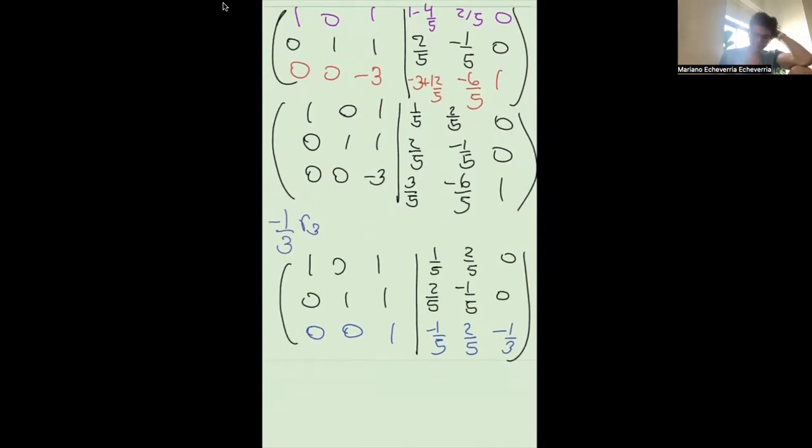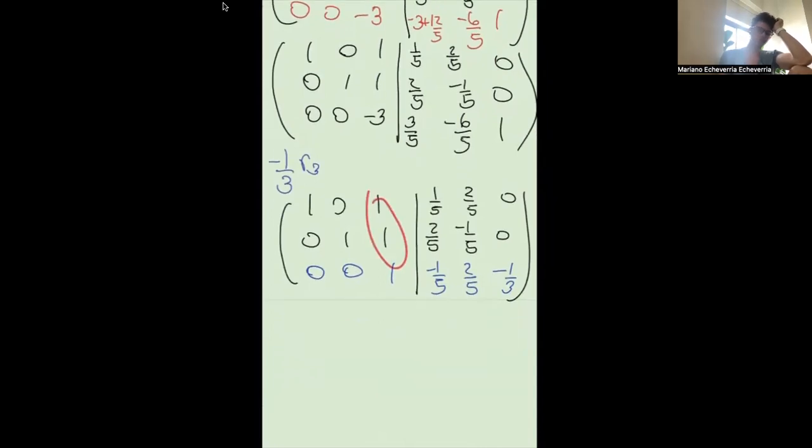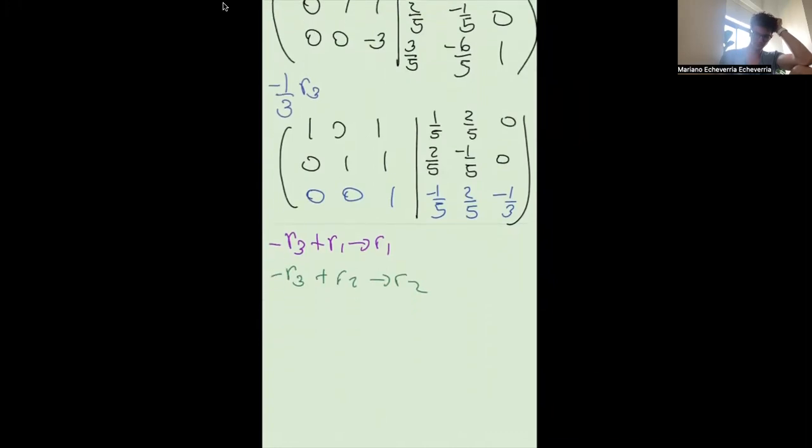And then finally, to get to the identity, we just need 2 more row operations. I mean, this is going to be the identity. So I need less space for this one.